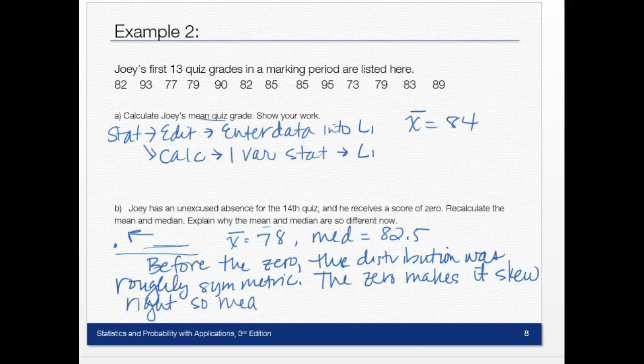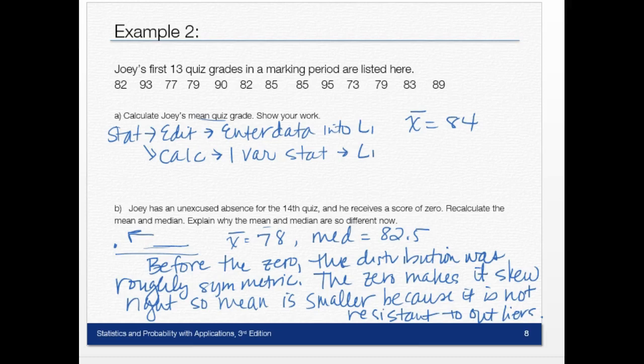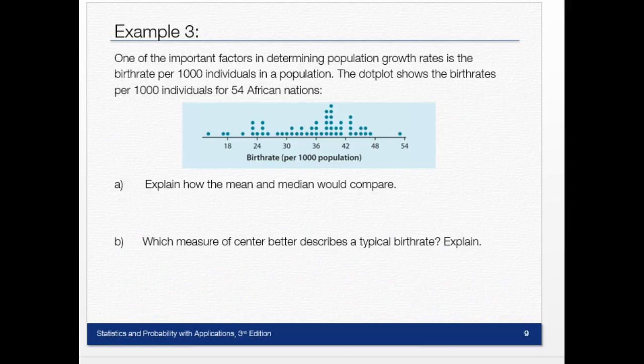So the mean gets smaller because it got pulled towards the outlier. Alright? Let's look at another one.